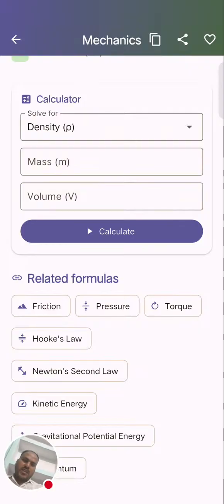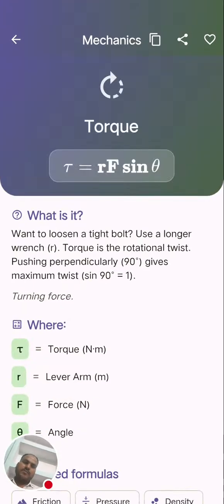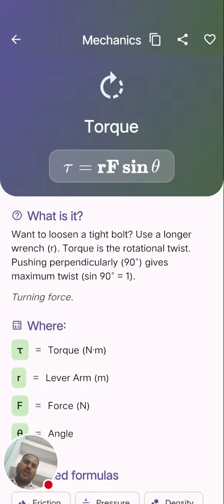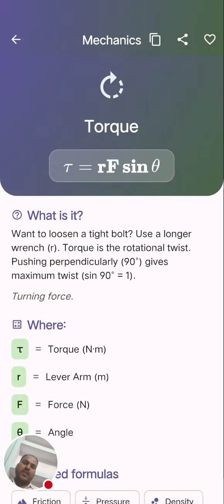Now next we have torque. Torque we represent with the Greek letter tau. So tau equal to r into F sin theta. That is the torque formula.